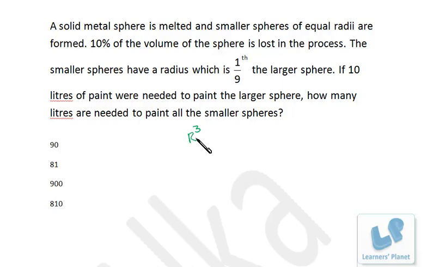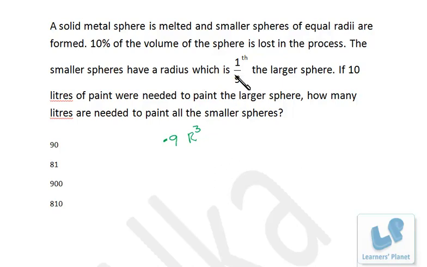Now what is happening in the conversion process? 10% of the volume is being lost. That means we are left with 90% of the volume of the large sphere, so actually it is 0.9 R cube. That is the data that we have to calculate. After that, to find the number, we divide this volume by the volume of the smaller spheres.